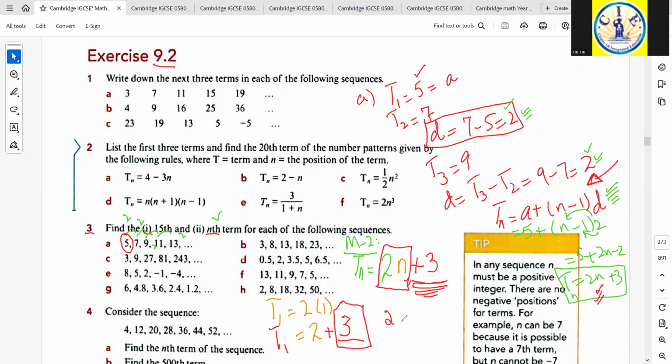So 2 times 1 was 2. We need to think what is to be added to this to make it 5, the first term of the sequence. That was 3. So that's why the general term is 2n plus 3. This is how we need to calculate the nth or the general term. Okay, 2n plus 3.